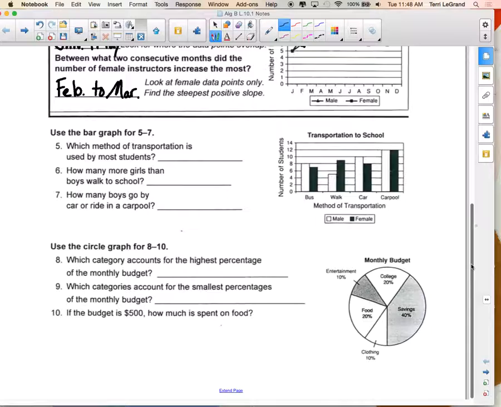Okay, Julia, you can fill in your answer for 5, please. Just write with your finger. Volunteer for 6. Michaela, come on up.